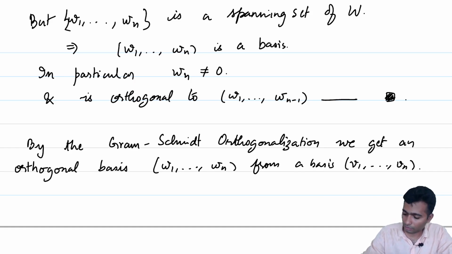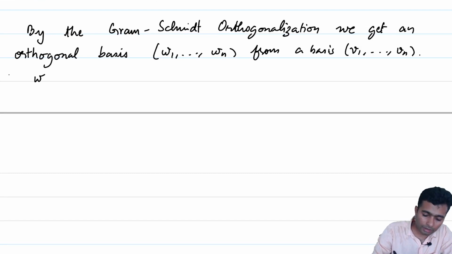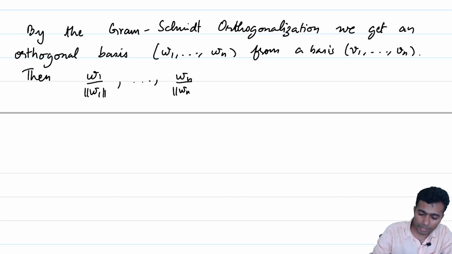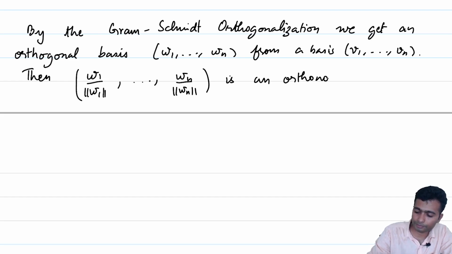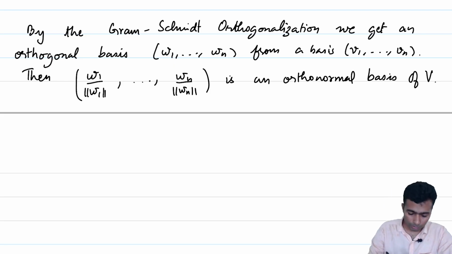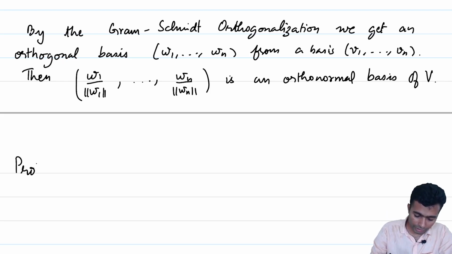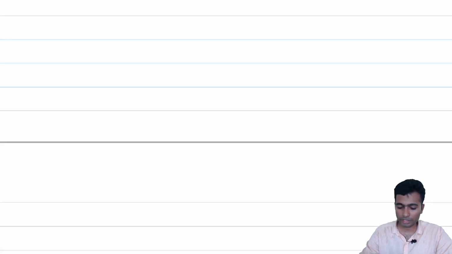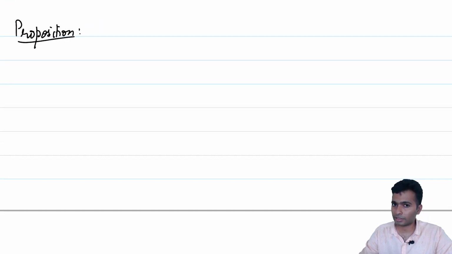Now apply a normalization, then W1 by the length of W1 and so on up to Wn by the length of Wn is an orthonormal basis of the inner product space V. So the proposition which we have just proved is that you start off with an inner product space of dimension n, there always exists an orthonormal basis.